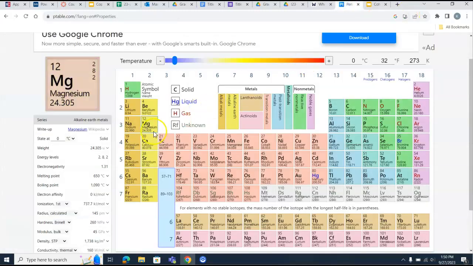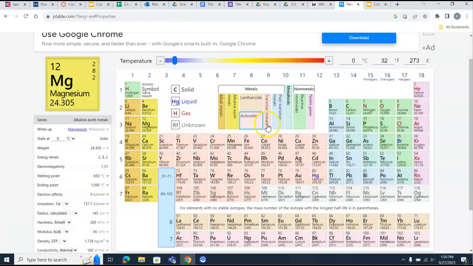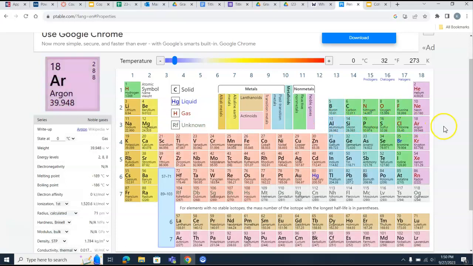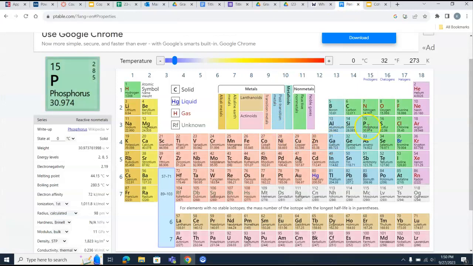Then we have to drop back down to our S block, 3s2. Then we have to go across to our 3p. We go all the way through, so it's 3p6. Perfect. And then now we drop down because we're still not to nickel yet, so it's 4s2.